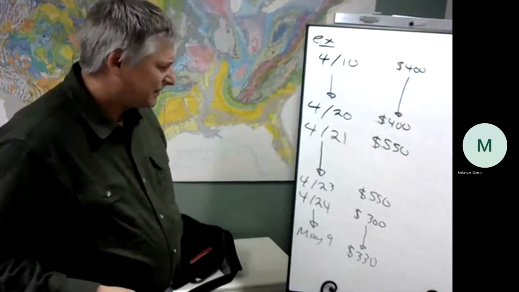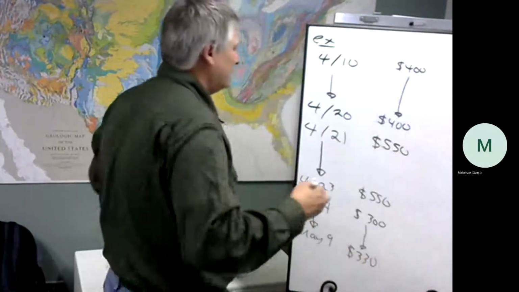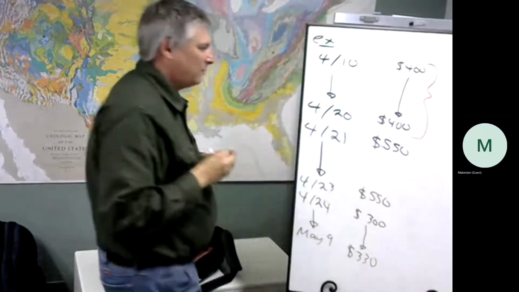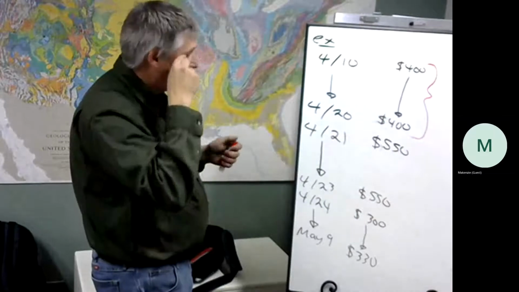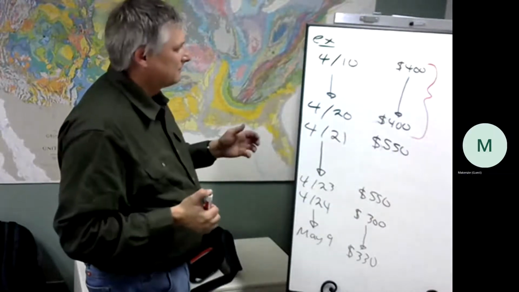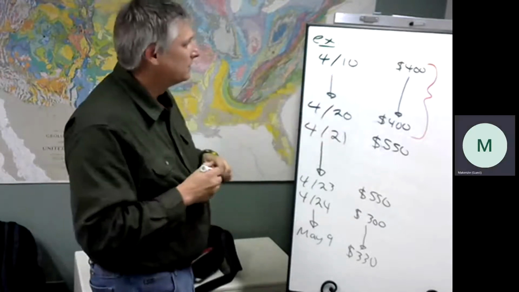So what's going on here? Well, the number of days here, the way you could do the number of days is you do the date, 20 minus 10, and then you add 1.